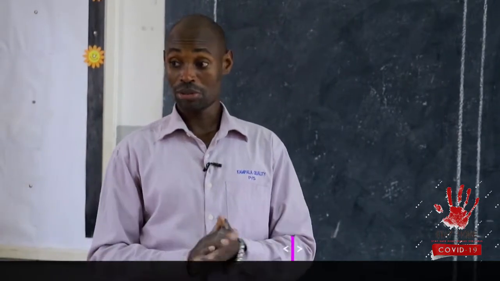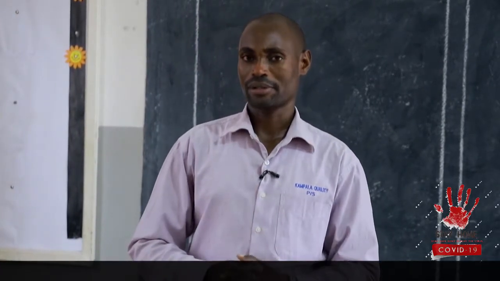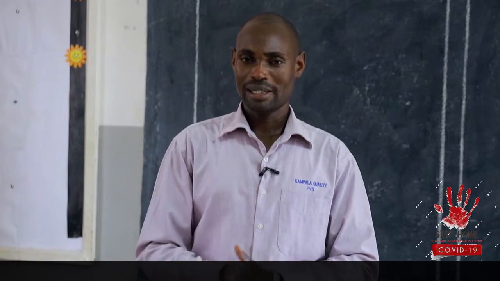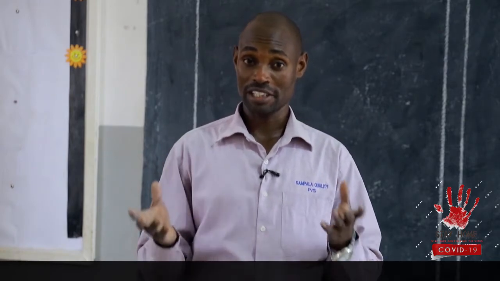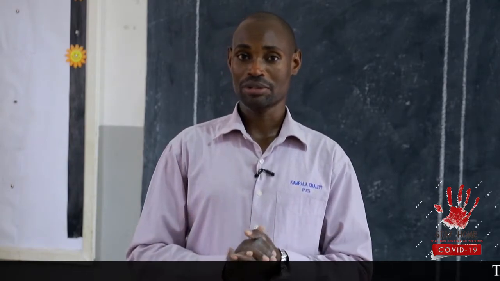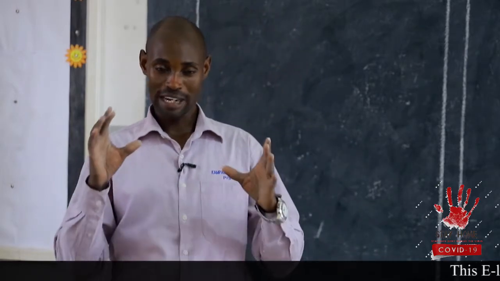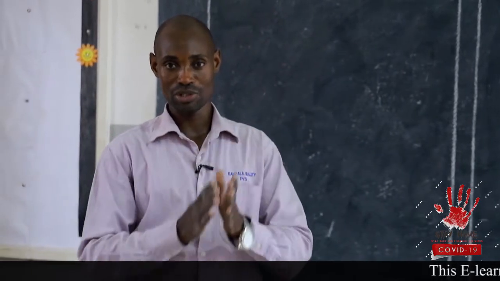In our previous lesson, I taught you how to express quantities as a ratio. I told you that these quantities can be given in different units, but the most important thing is that when you have been given different units, convert them so that they are in the same units.